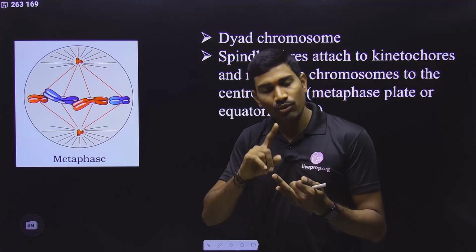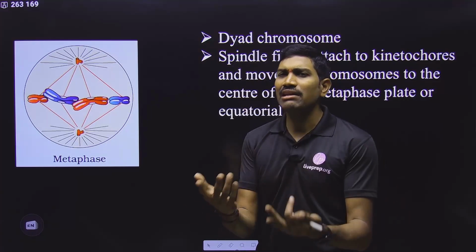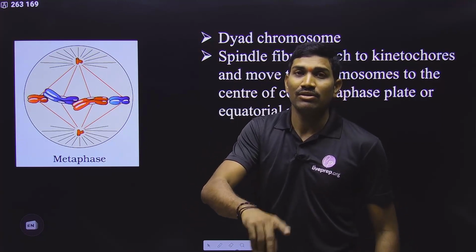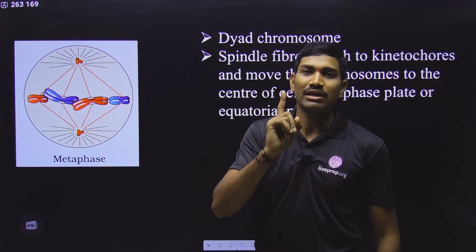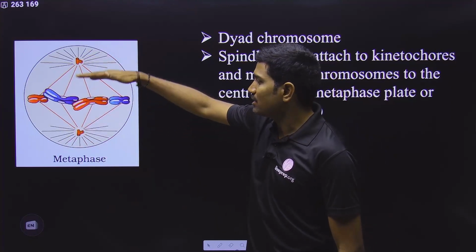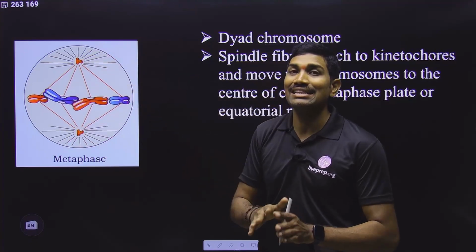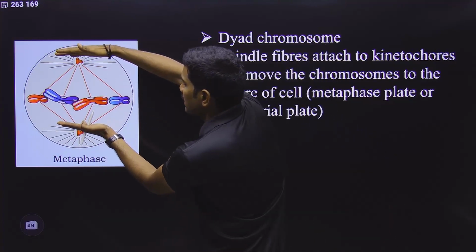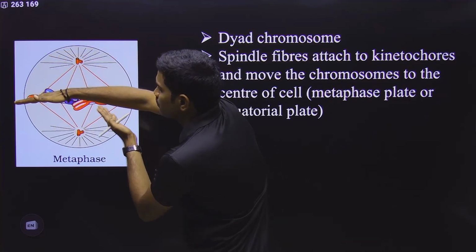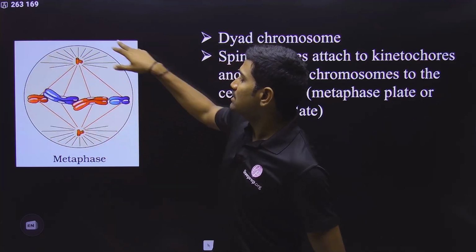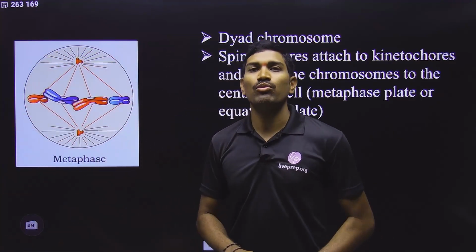In the NCERT, they give both sentences. In general, both of them are correct. But if both options are given, you need to select only one. Which one is the most correct? Observe carefully. In the metaphase, all the chromosomes are aligned at the center of the spindle apparatus. This is the spindle apparatus, right? Generally, the center of the spindle apparatus is the center of the cell, so both of them are correct.